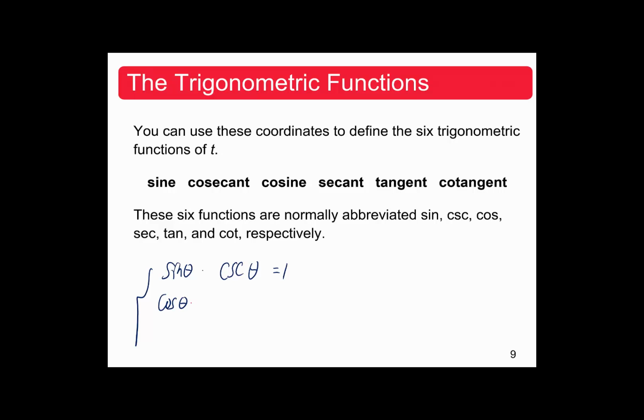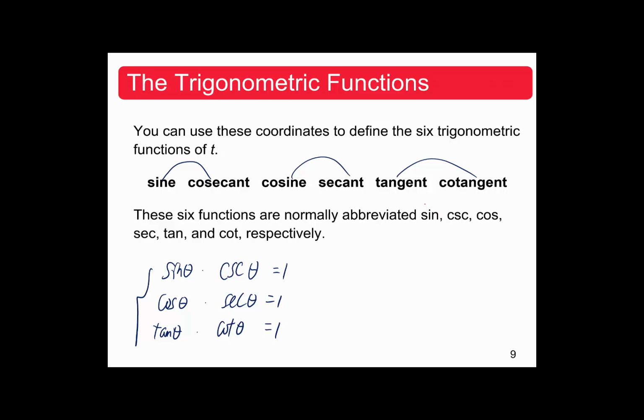Cosine theta times secant theta equals 1. And tangent theta times cotangent theta equals 1. That's why they go hand in hand, right?